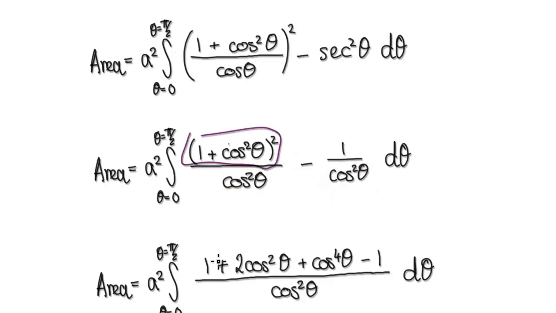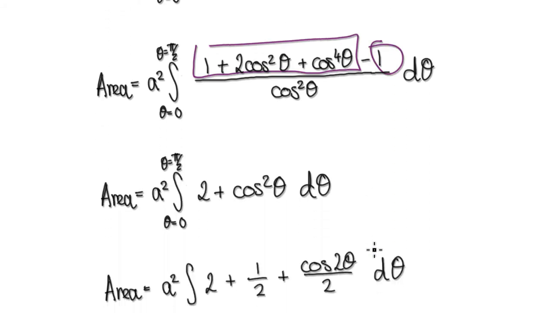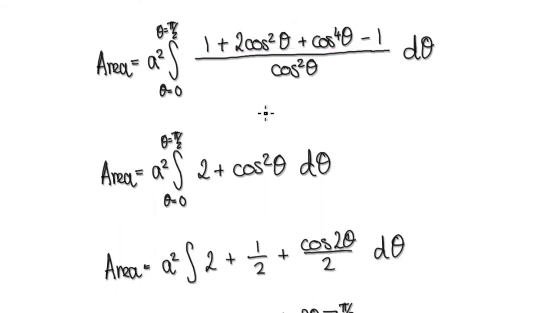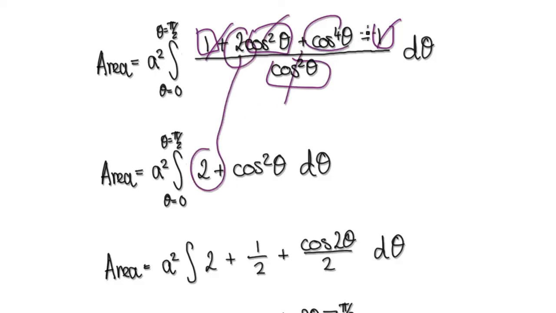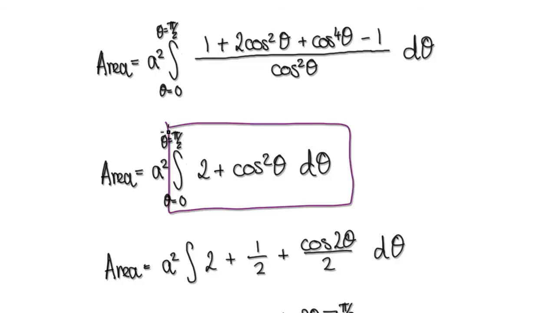Multiply this out. That will then give you this. You've got your take away 1, and then it simplifies to this, because these two would cancel out. These two would cancel out, giving you a 2, and then to the power 4 over squared would then give you this. So it's really a matter of us integrating this thing here.